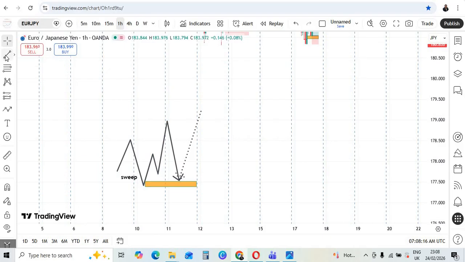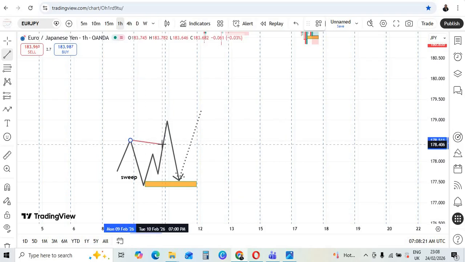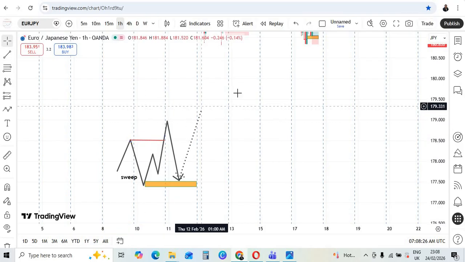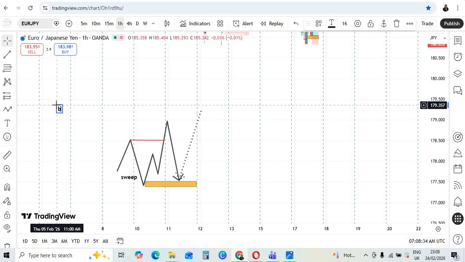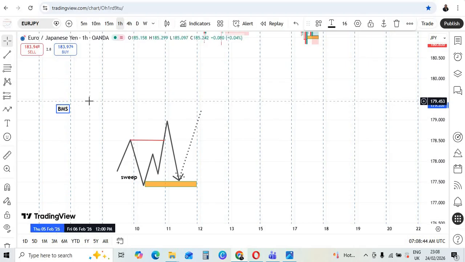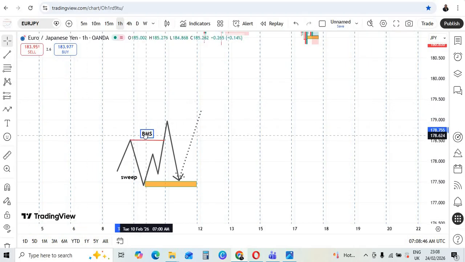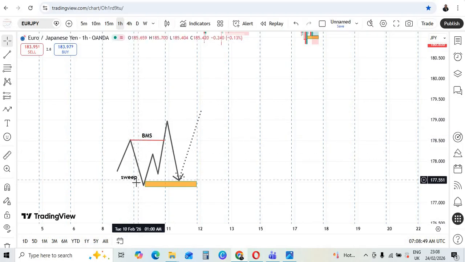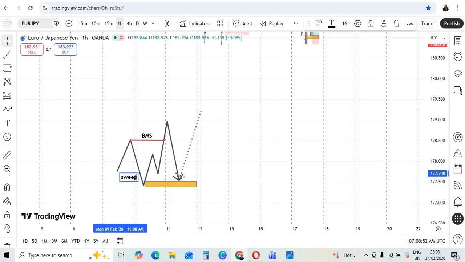Can you see? So this is a break. So we have a BMS.